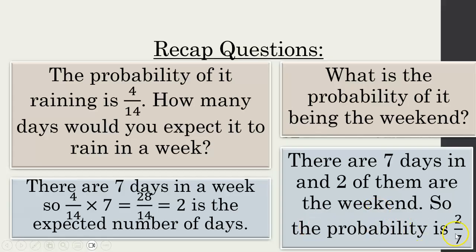So the probability is 2 over 7. Now, how did I get 2 over 7? Well, I'm looking at 2 of the days out of 7, the whole week. So what's the probability of it actually being the weekend? Well, it's my favourable outcomes, the 2, the one I'm actually looking at, the weekend, out of the total number of outcomes, which is 7.